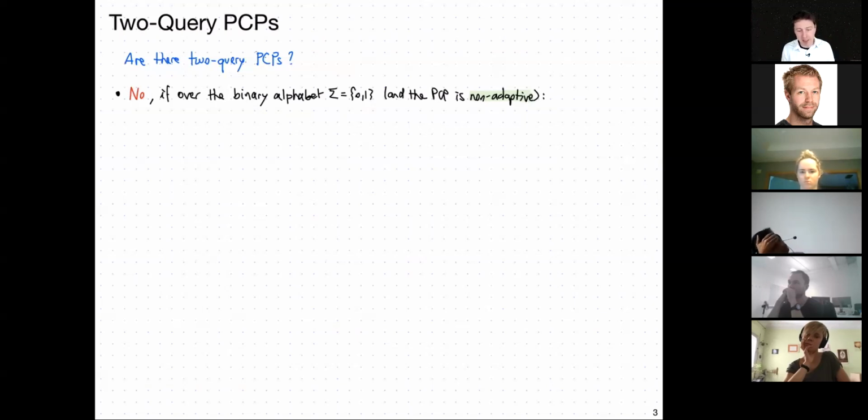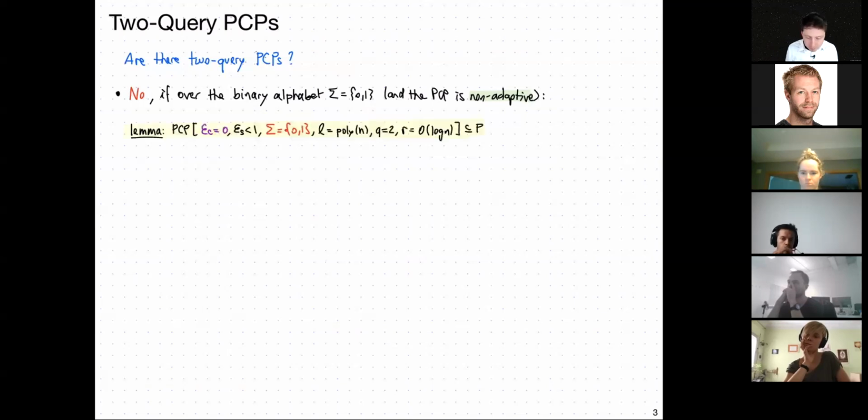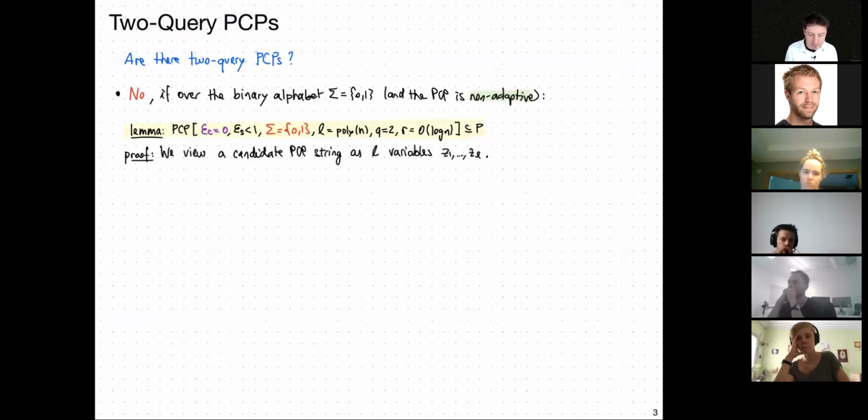In this special case of a binary alphabet and the PCP verifier being non-adaptive, we cannot expect it, and it's for a very cute reason. I just wrote exactly what I meant: if you have a PCP for some language that has perfect completeness, binary alphabet, and is non-adaptive, then the language must be decidable in P.